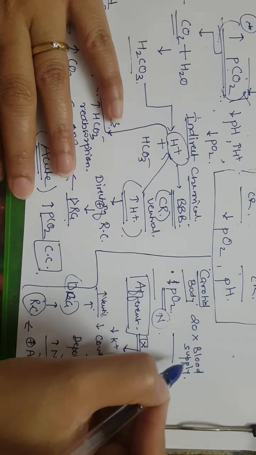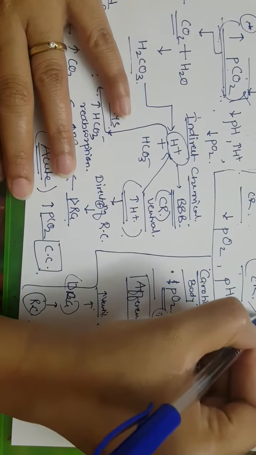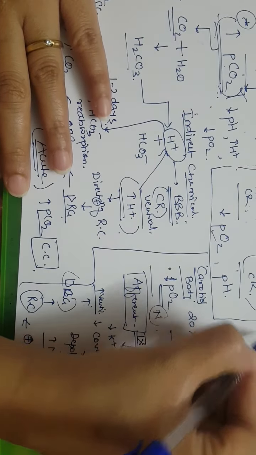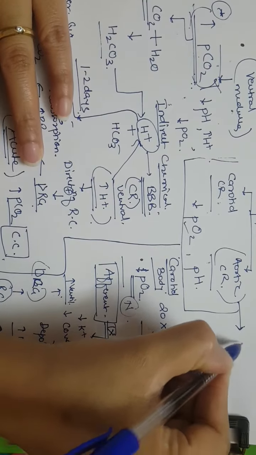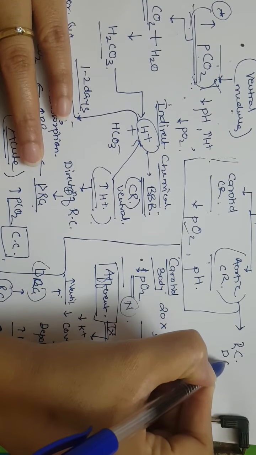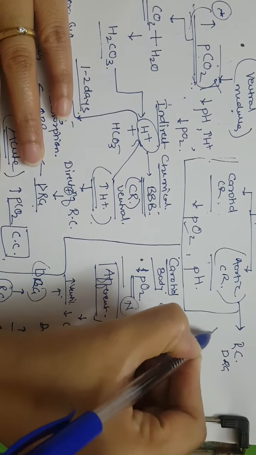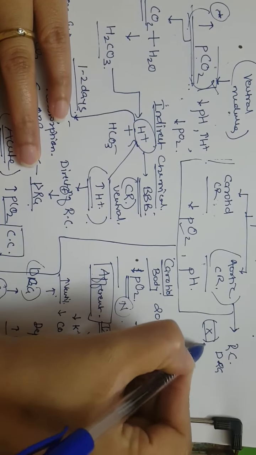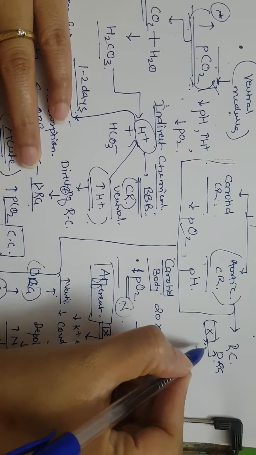In the same way the aortic body will also sense the change in PO2. They will carry this information to the respiratory center, that is the DRG. Now this is via the 10th nerve. Okay, the 10th nerve will carry the information to the DRG.